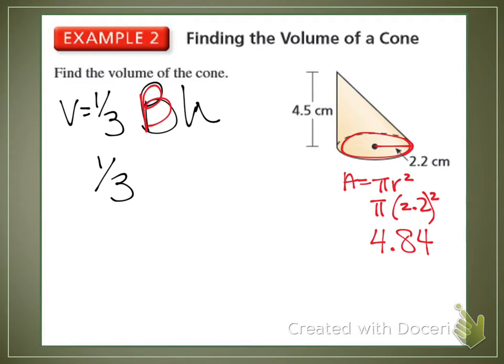Total? That includes pi? I was about to say. And then times pi, it's 15.2. Okay, and then times the height of the pyramid, and the height of this pyramid is 4.5.